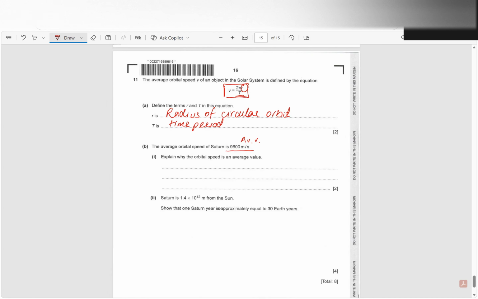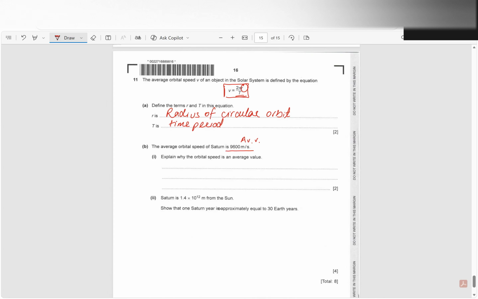The answer is very clear: in reality, planets have elliptical orbital paths. It's not an exact circular path, it is a squashed circular path. It is an elliptical path.